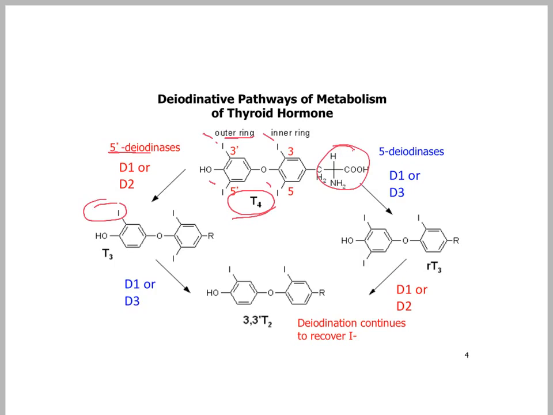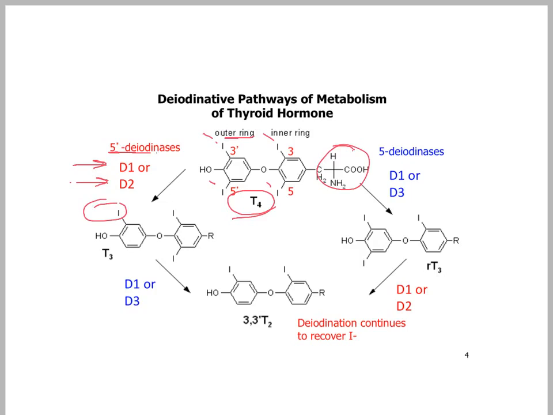So there are two types of 5' deiodinase enzymes. One is deiodinase 1, and the other one is deiodinase 2, and we'll show you in the next graphic where these are located in the body. But let's, for the moment, just say they take T4 and convert it to T3.